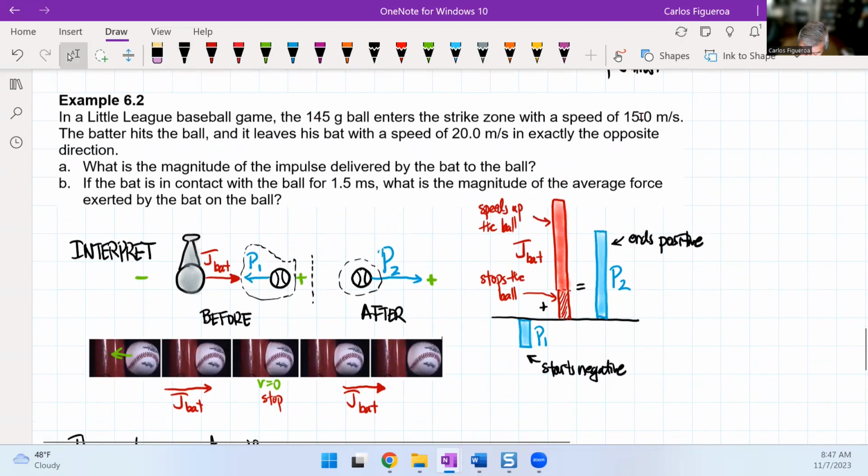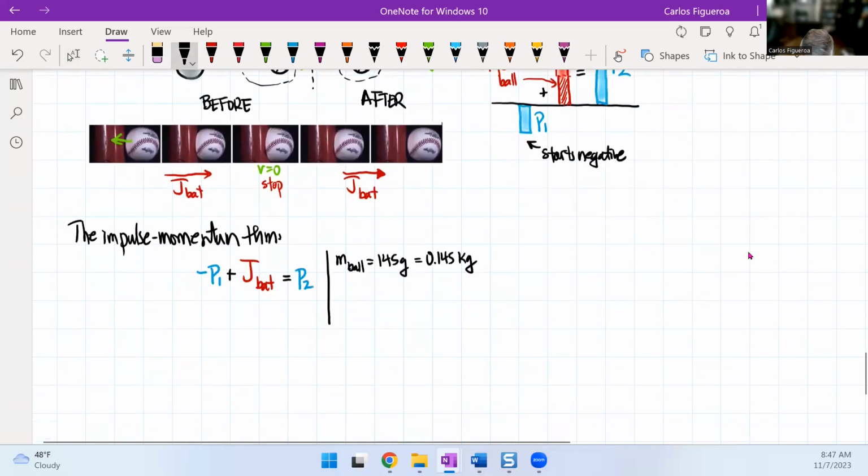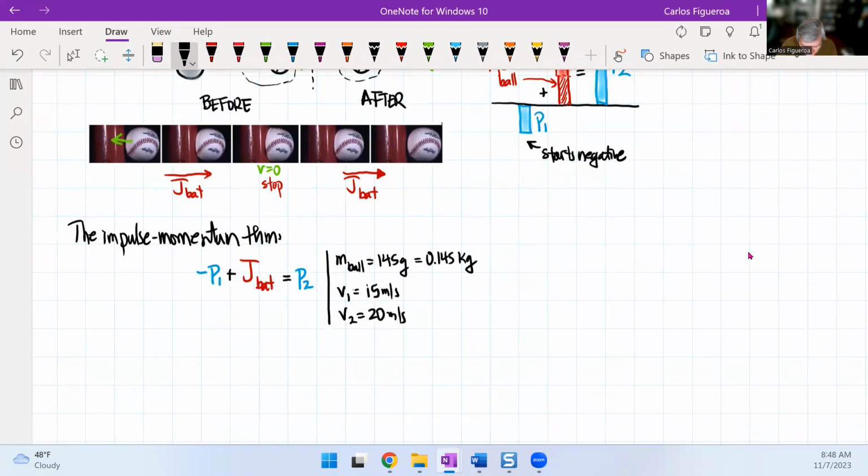Now it has a speed of 15 and it has a speed of 20. Note, we've already included the signs. So that tells me that the velocity V1 is 15 meters a second, and the velocity V2 is 20 meters a second. So now I can solve for the impulse of the bat.